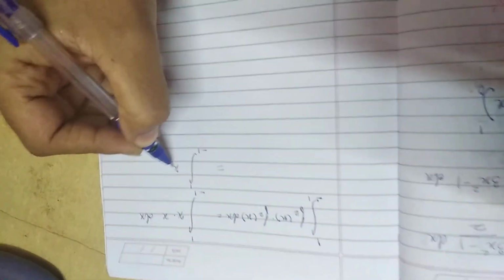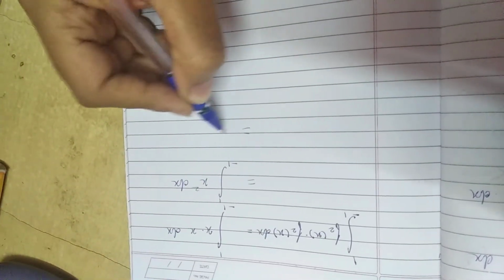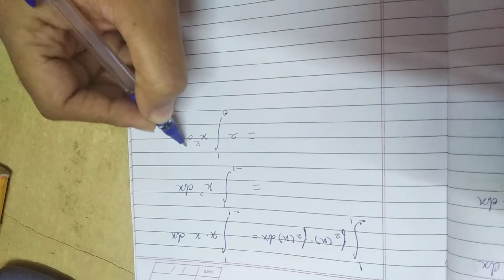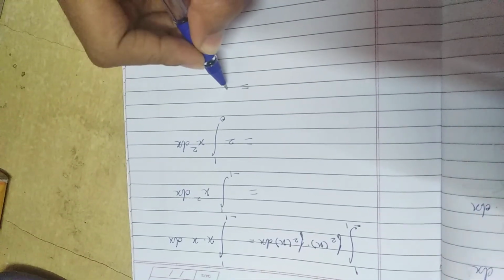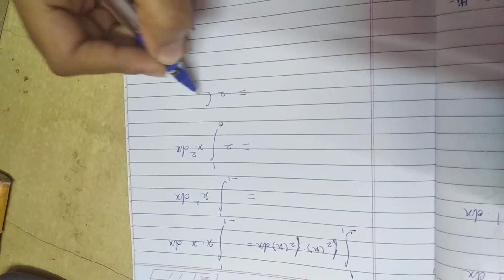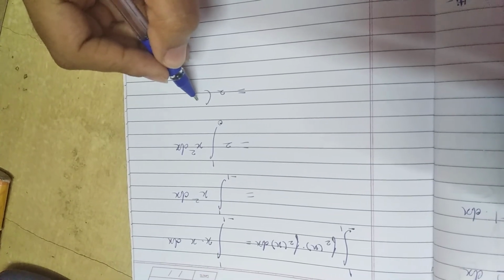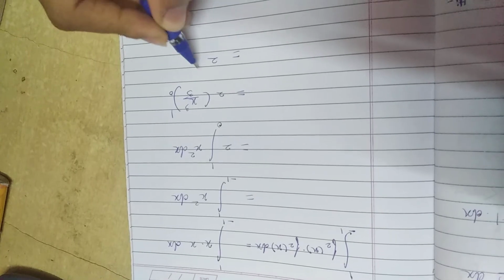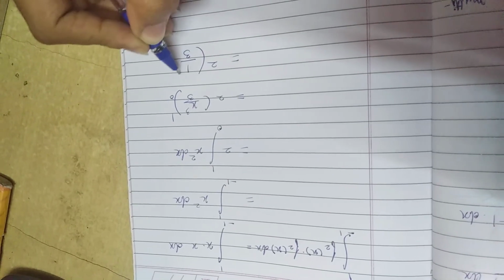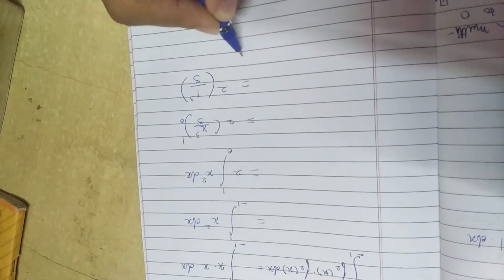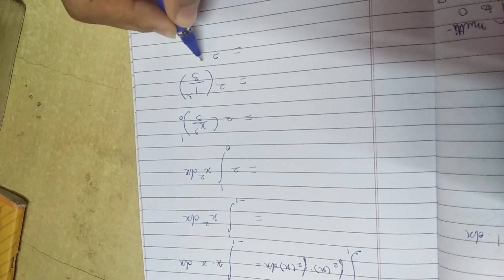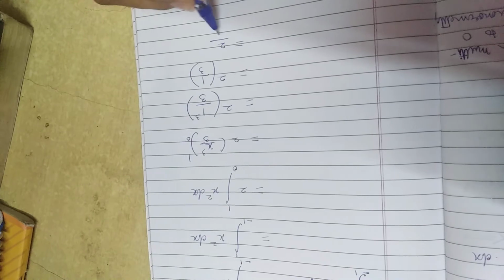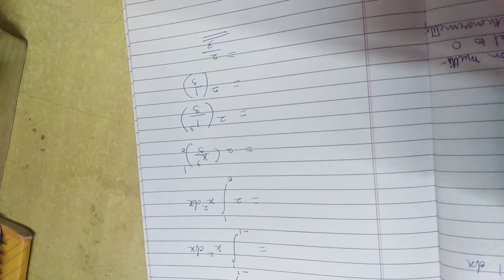We are getting here x² dx. Since this is an even term, we change the limit to 0 to 1. Now after integrating this, we will get, hence we conclude the answer is 2/3.